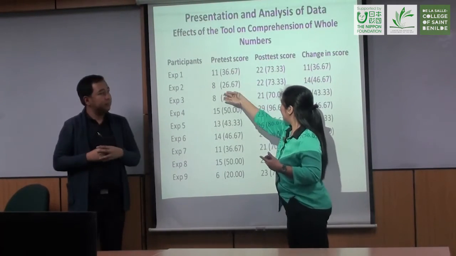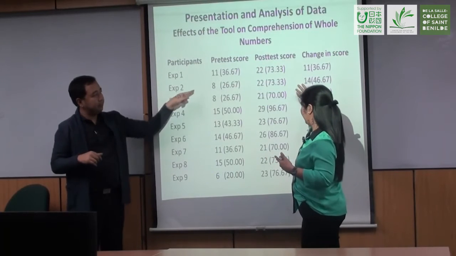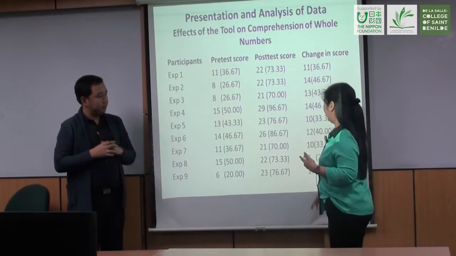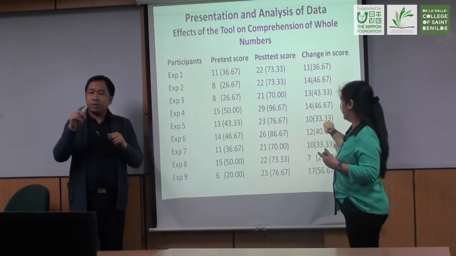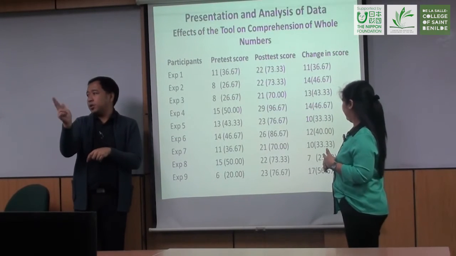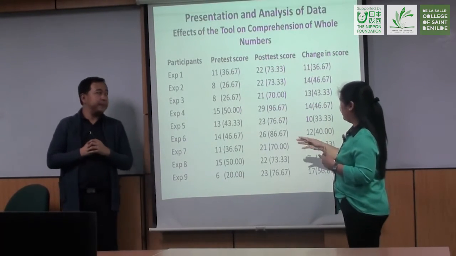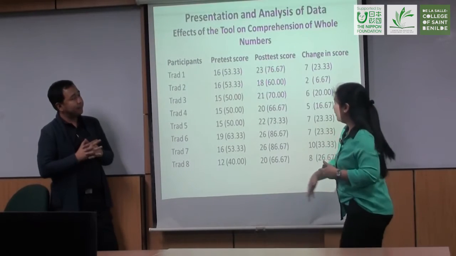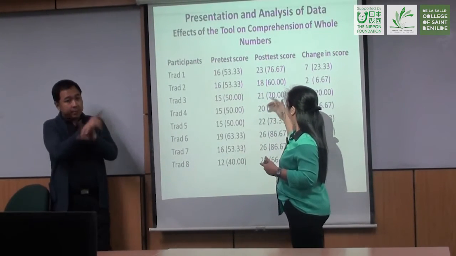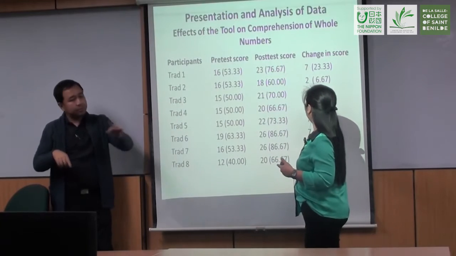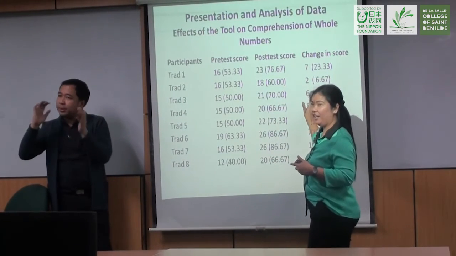Same with this one. So this is your 30-item test. Okay, and the next, the traditional: this is the pre-test, this is the post-test, and the change in score.